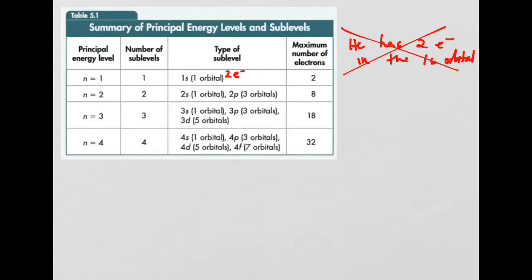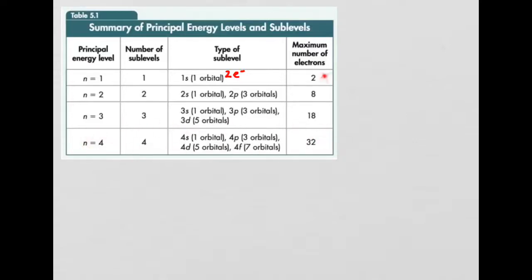If we wanted to draw the electron configuration diagram for helium, it would look like that, right? So that's just helium. That's the simplest one, or hydrogen is simpler, but what about when we get to something like up here in the n=4 level that has 32 electrons?